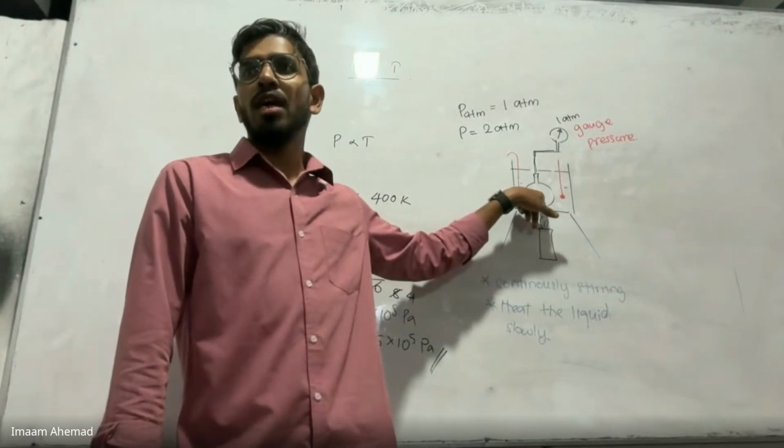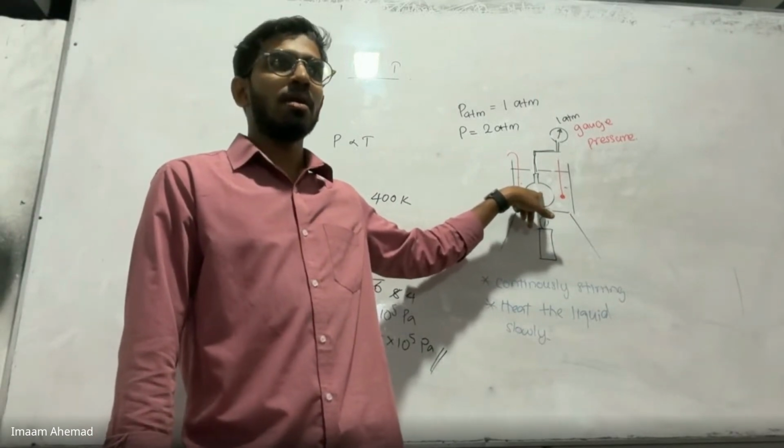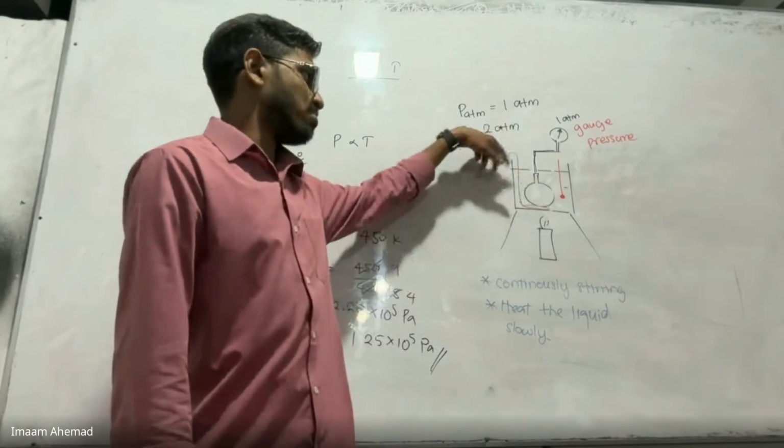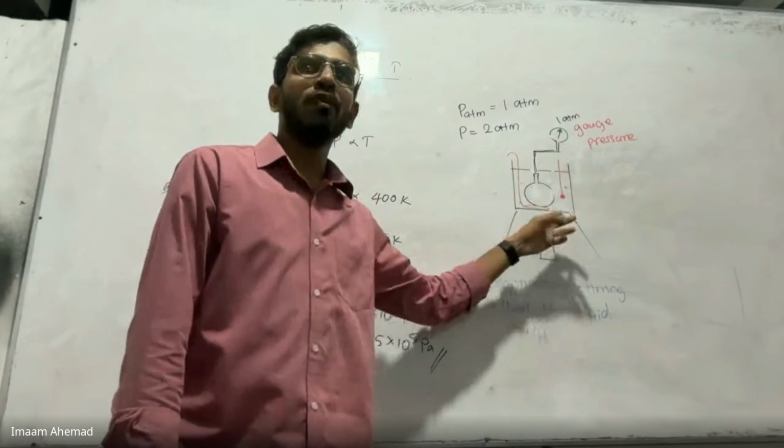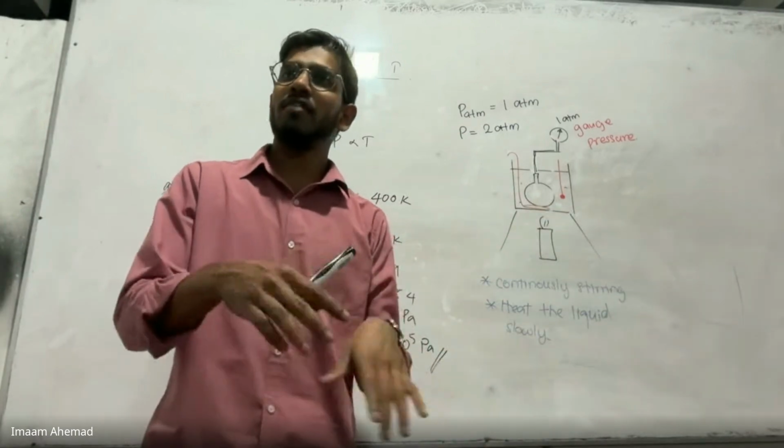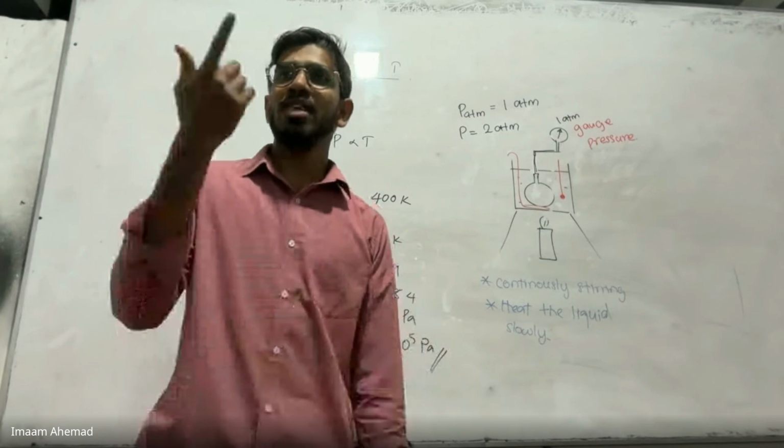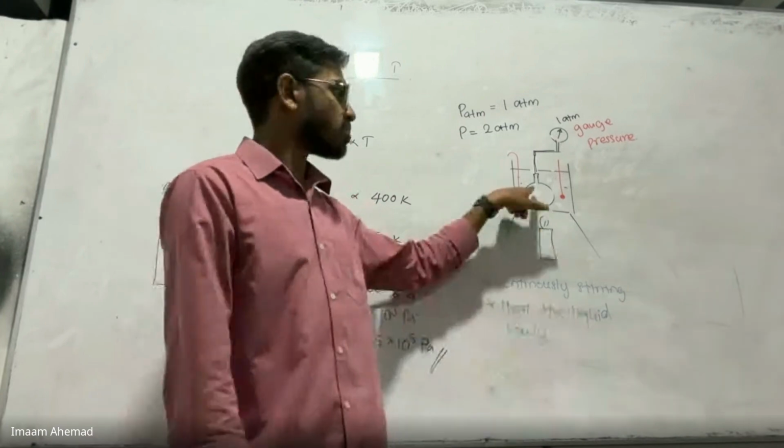Without using a larger bulb, we can use a smaller bulb. Because mixing, moving the Bunsen burner in and out, everything we have told earlier, the only thing that we didn't tell is using a smaller bulb.